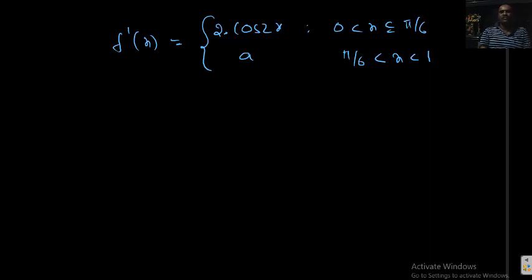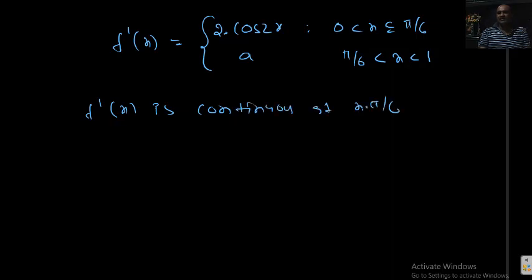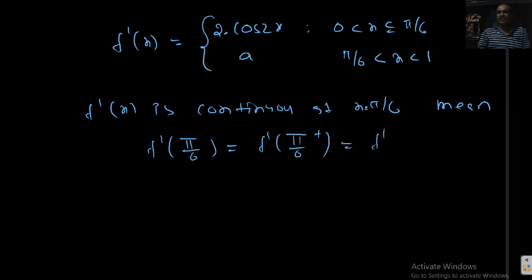Okay, so what happened here also? f dash of x is continuous at x equal to pi by 6, meaning f dash of pi by 6 should be equal to f dash of pi by 6 plus, should be equal to f dash of pi by 6 minus.